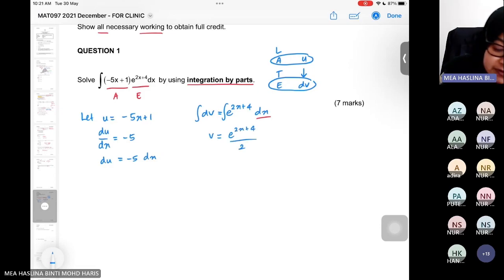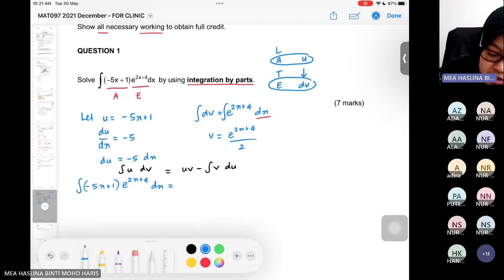After that you rewrite the question, -5x plus 1 e to the power of 2x plus 4 dx. Copy the question correctly and then apply the formula: the integral of u dv equals uv minus the integral of v du.